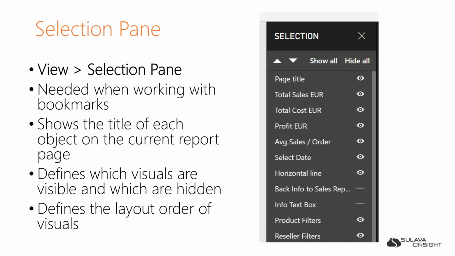Here you also can see this column with eyes. And by clicking these eyes, you can choose which objects are visible and which of the objects are then hidden. This selection pane actually also defines the layout order of visuals.